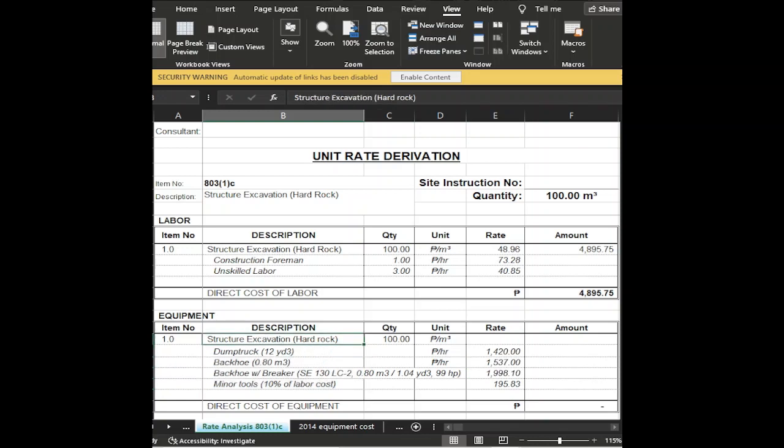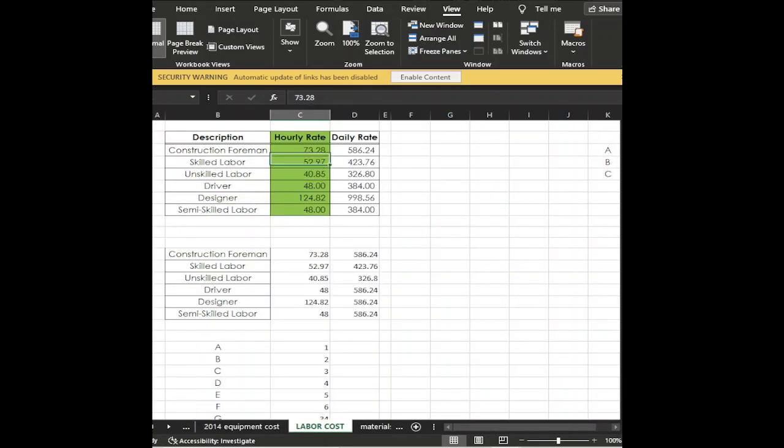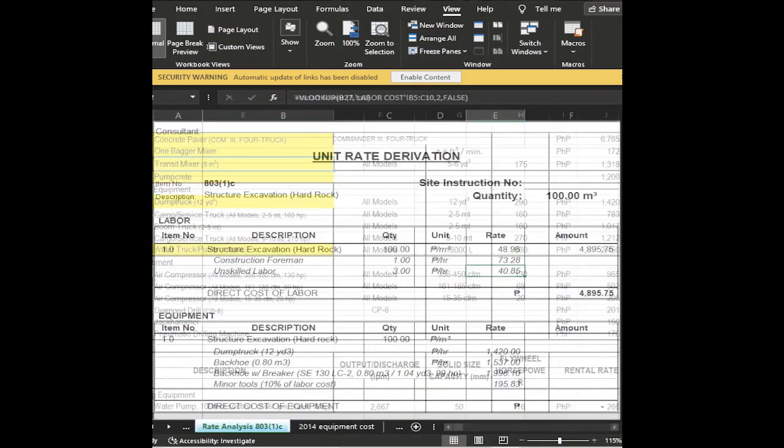So this one, guys, dump truck, then backhoe. As before, this rate here is taken from labor cost. From here I just linked that one.